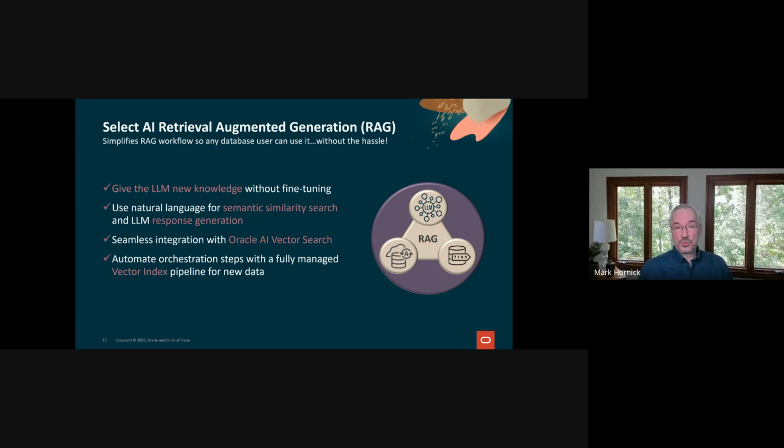So we're able to give the LLM new knowledge without the complexity, the overhead, the cost of having to fine-tune an LLM, right? That's one of the main benefits of retrieval augmented generation. We're doing the semantic similarity search for you and leveraging the in-database AI vector search capability with 23AI to support that. We fully automate the orchestration steps to take advantage of the vector index pipeline.